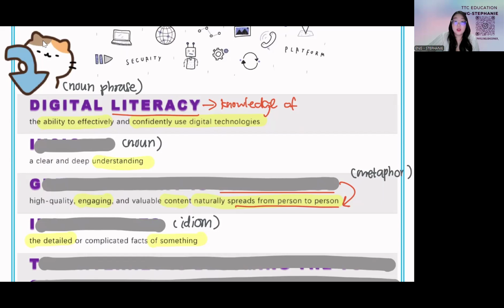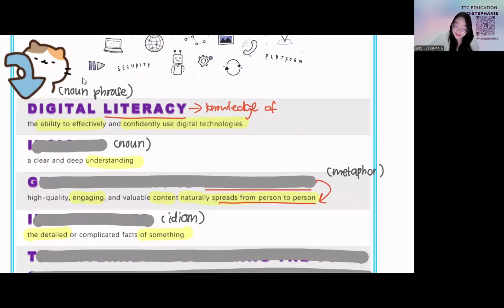Okay, moving on to the next one, we have insights. All right, insight means that you have a clear or deep understanding towards something. Insights can be the information, the knowledge that you know, you understand. Next one, we have great content is contagious. Don't worry, later I'll give you the sample sentence. How can you utilize them?